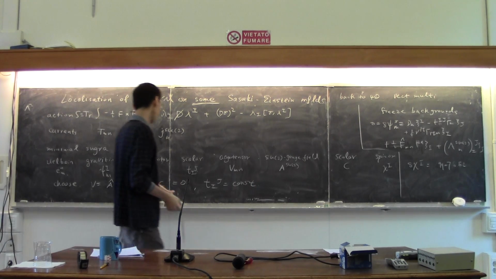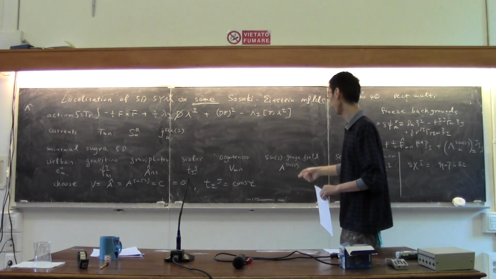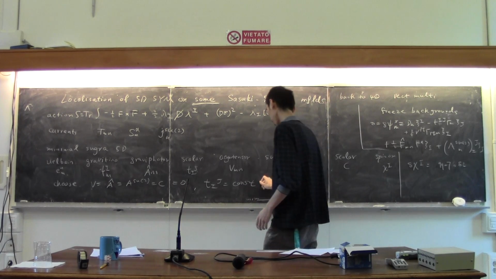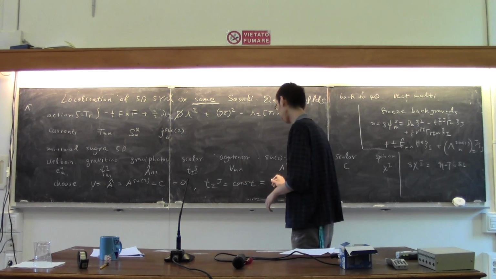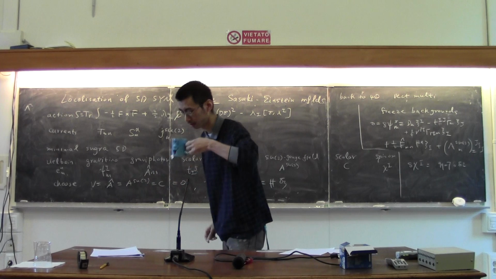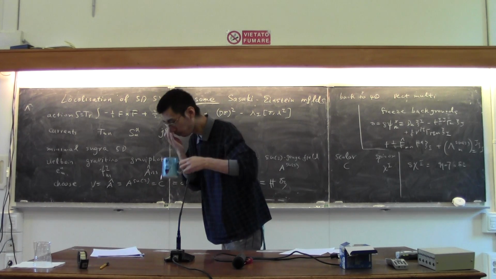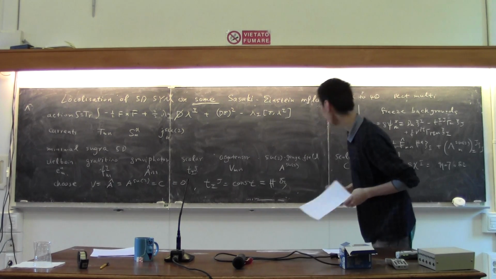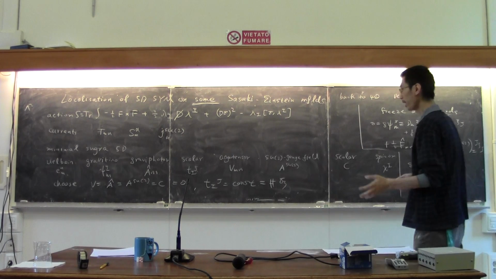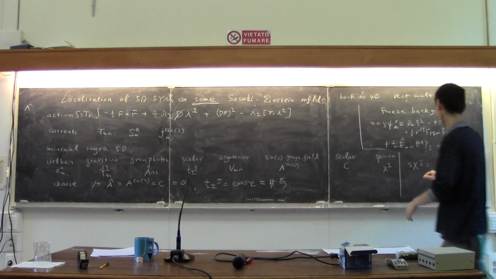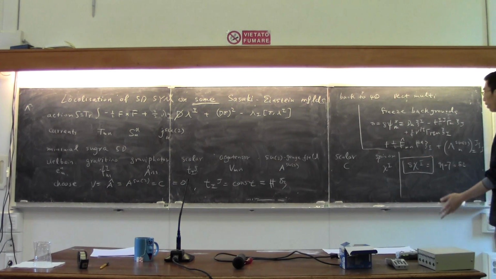Basically, everybody is going to be set to 0 except this scalar, which is an isotriplet. And also, without loss of generality, assume that it's proportional to sigma 3. Okay, so now it can be shown that with this choice of background, this vanishes completely. So let's just worry about what's the right-hand side of the gravitino.